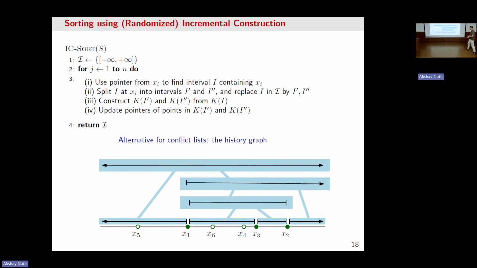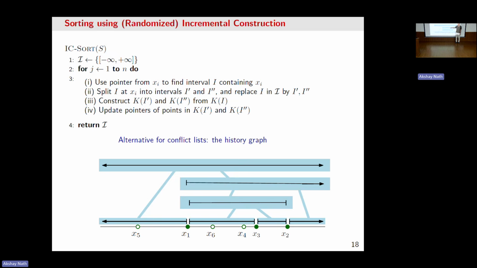Why? Well, suppose here with this x4, I'm walking down in this hierarchy, and I have to pay for every interval that I encounter. But so for instance, this x4 is in this interval, and I have to pay for going through this interval. But what did my previous algorithm do?